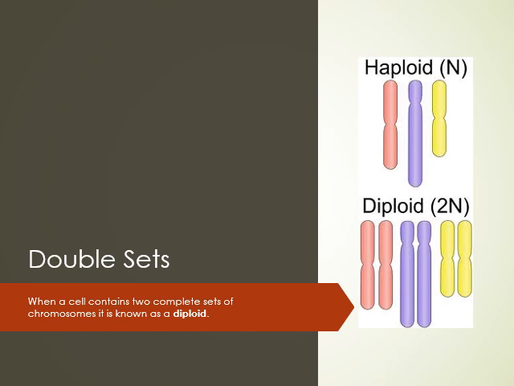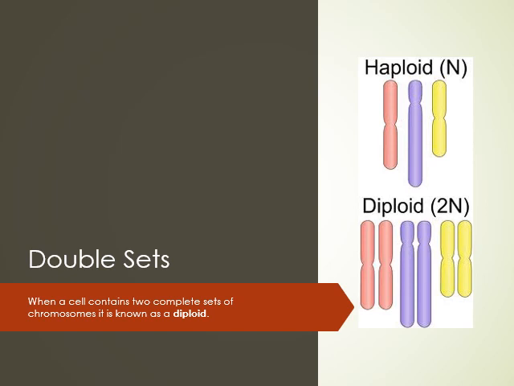When you have 2 complete sets, you are called diploid. Di meaning 2. So here at the top, you've got one unique chromosome each: red, blue, yellow. Down here, though, we're showing 2 red, 2 blue, 2 yellow. These are diploid compared to that one, which is haploid.